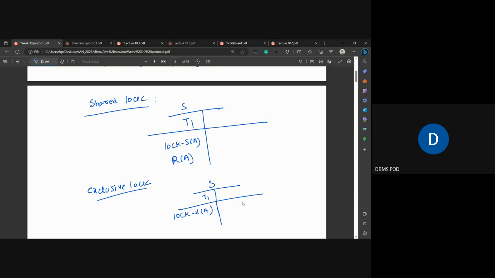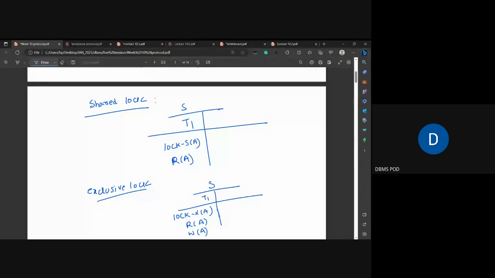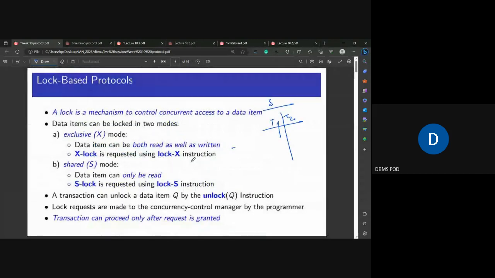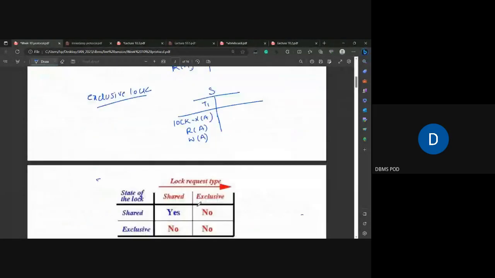This is for read A or write A. So exclusive lock and shared lock are clear? Yes, sir.